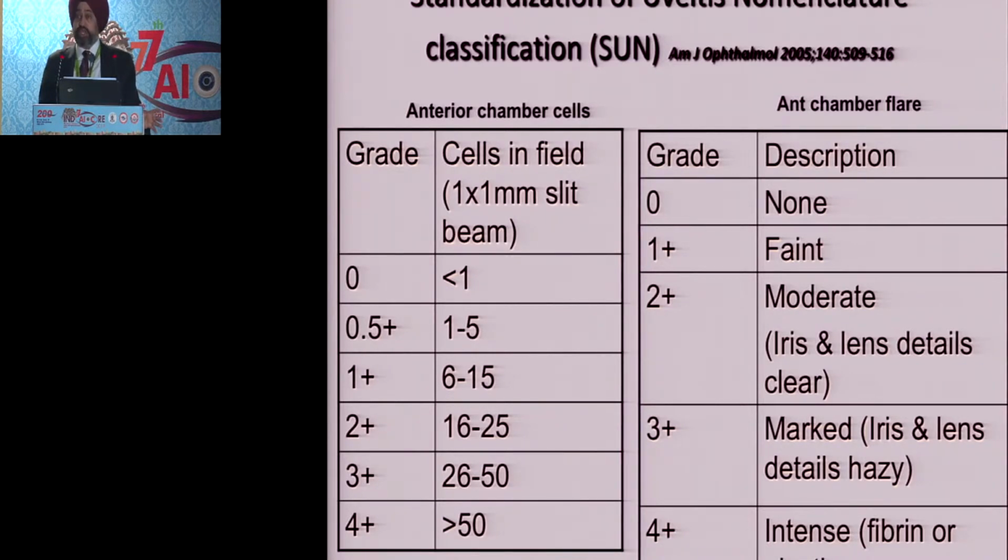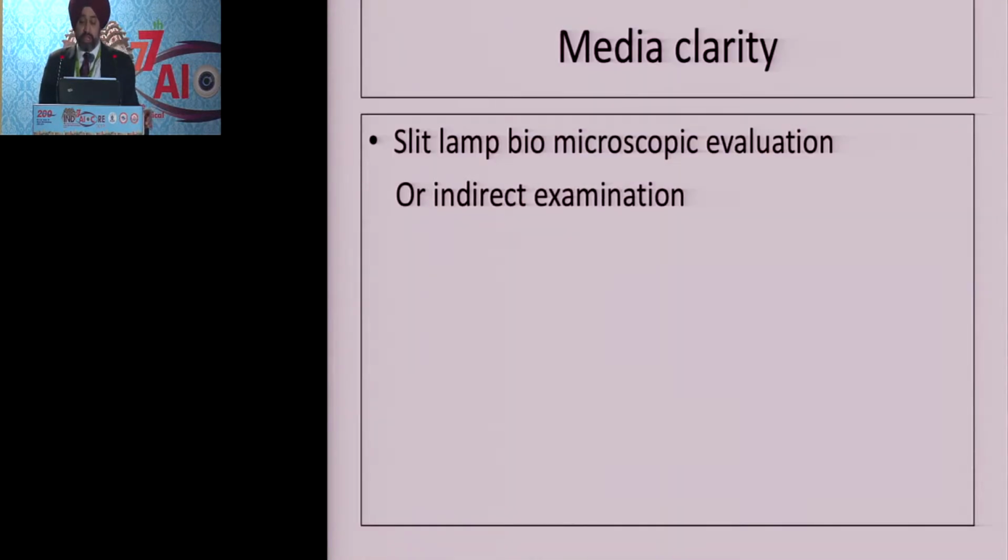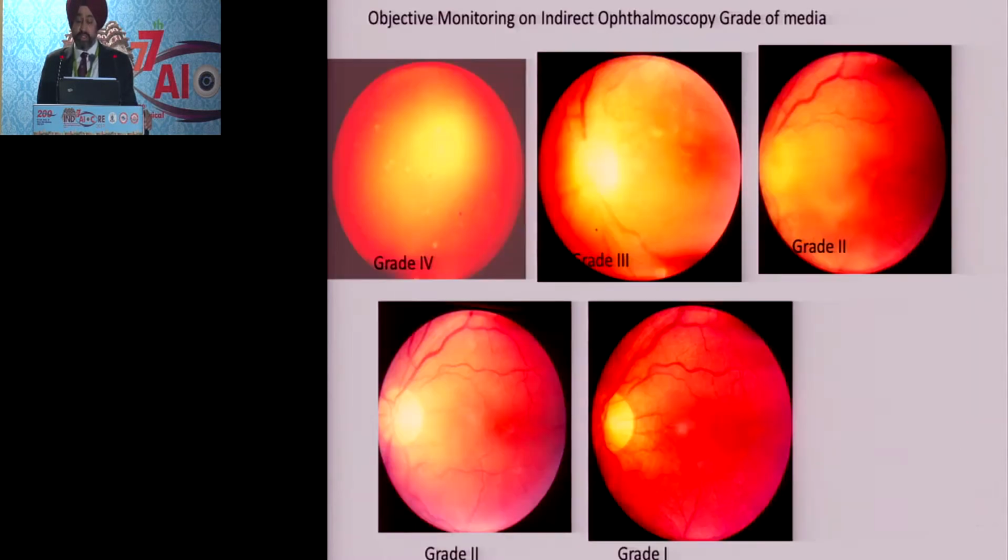These are easy charts. You can put them in your clinics. Once you use it for 1 or 2 years, then you can cram it and remove it from the clinic wall. Media clarity is again very easy. There is no rocket science in it. If you're seeing the disc and the vessels 1, 2, 3, 4, 5, that kind of media clarity is there. Just seeing a red glow and yellow glow is not expected from the ophthalmologist, because we have to move a little ahead.